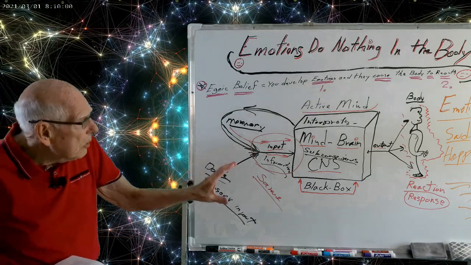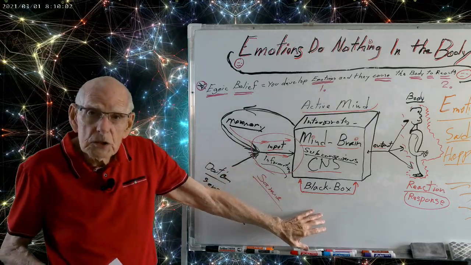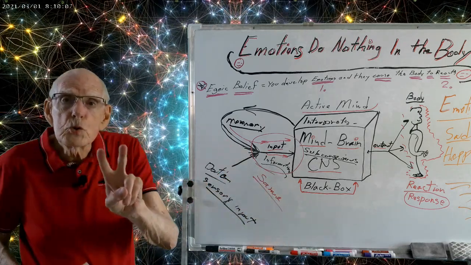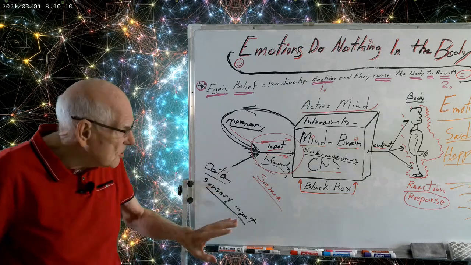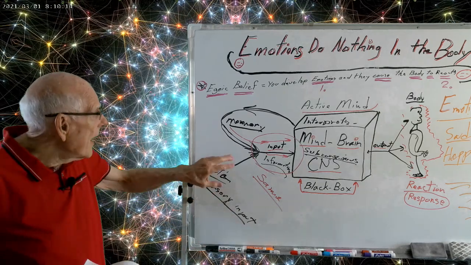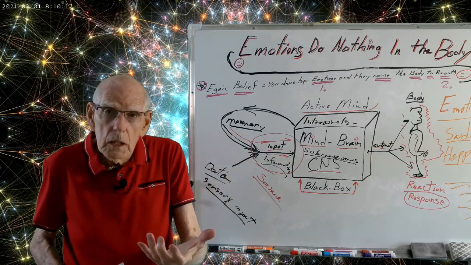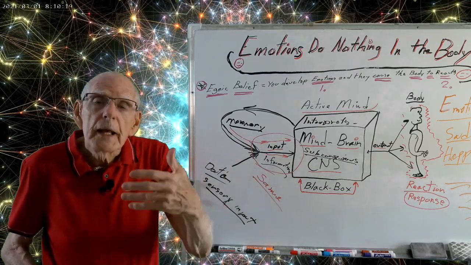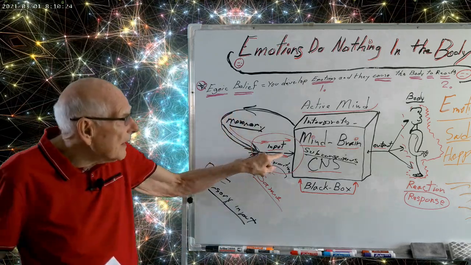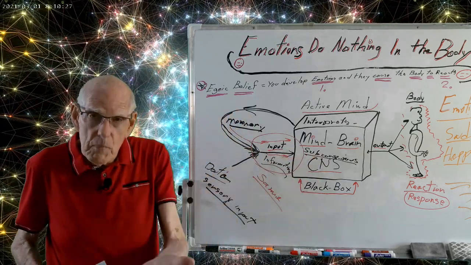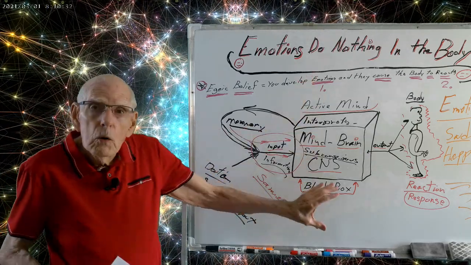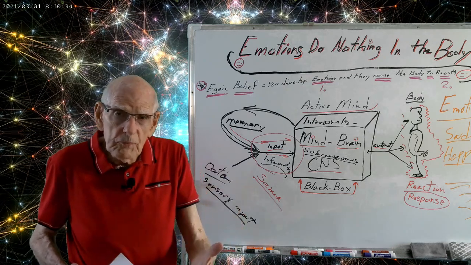Now, we went through looking at the black box, looking at input data from two sources: an outside source, which is your sensory input, and a memory that is triggered inside and then comes back in to the active mind. And we're looking at where emotions come from.